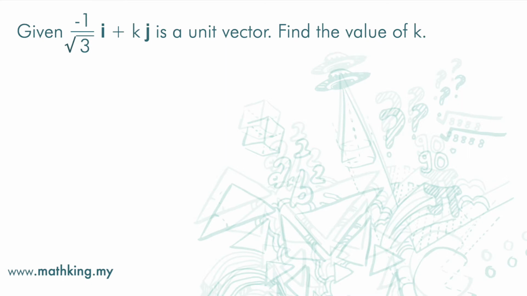Given negative 1 over square root 3 i plus kj is a unit vector, find the value of k. Now we need to remember that a unit vector has a magnitude of 1. So the square root of negative 1 over square root 3 squared plus k squared must equal 1.